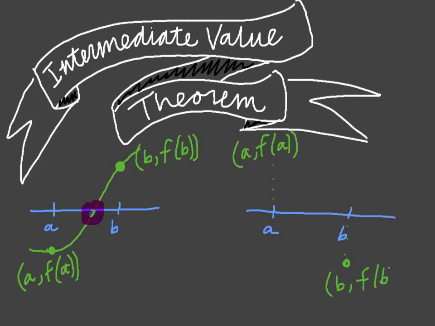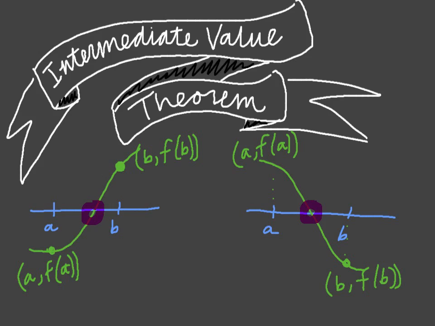Here's B, f of B, and because this is a smooth and continuous polynomial function, I know that at some point in between, I had to cross the x-axis. So that's really all intermediate value theorem says, is you've got a polynomial and you've got f of A and f of B, and they're opposite signs.